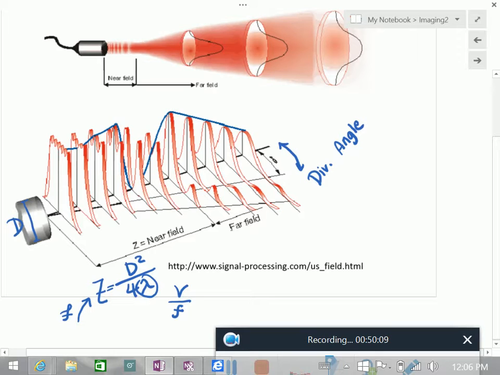If I tell you that the divergence angle is also a function of lambda and d, d being the diameter of the transducer and lambda the wavelength, how do you think the proportionality is? For example, do you think delta is proportional to d or 1 over d? In other words, if the transducer is bigger, do you think it has a larger delta or a smaller delta?